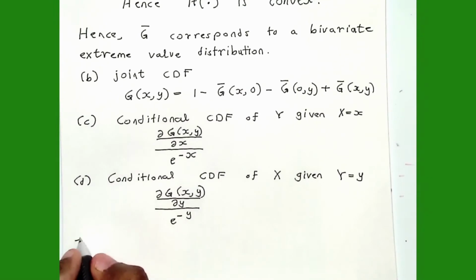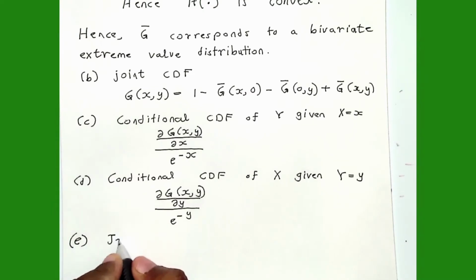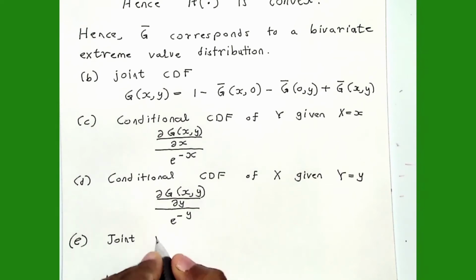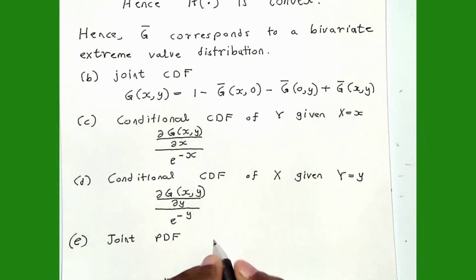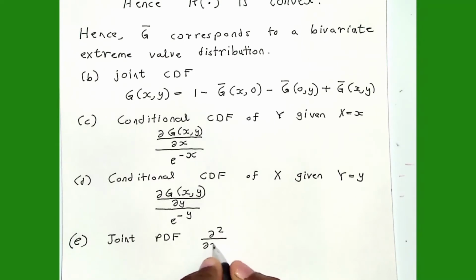Part E is asking you to find the joint PDF. The joint PDF is simply the second order partial derivative of the joint CDF, which is this.